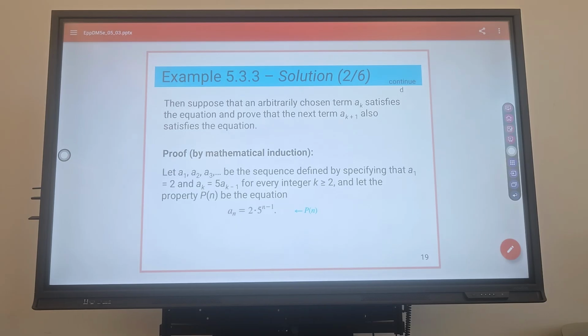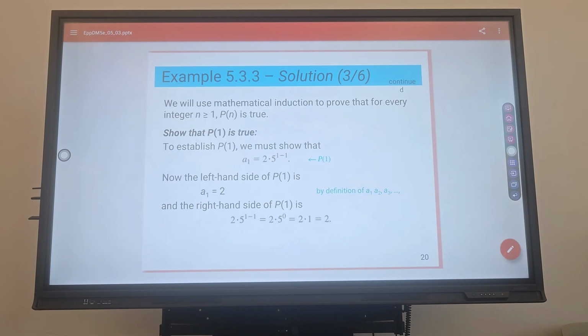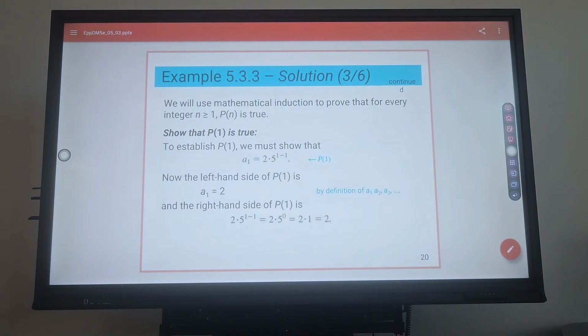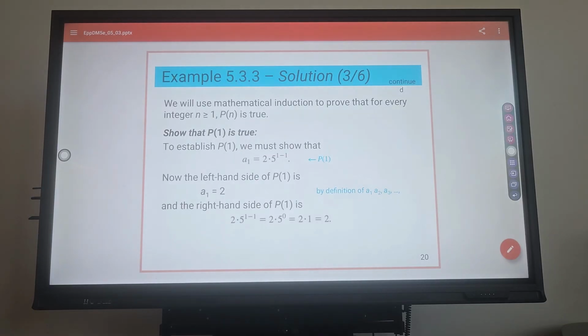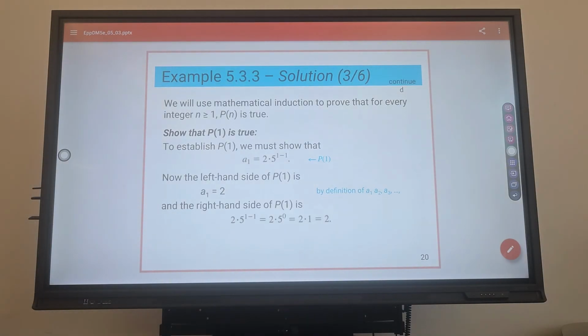So, restating the problem here, step one is to show P of 1 is true. To establish P of 1, you must show that 2 times 5 to the 1 minus 1 is equal to the first term in the sequence.